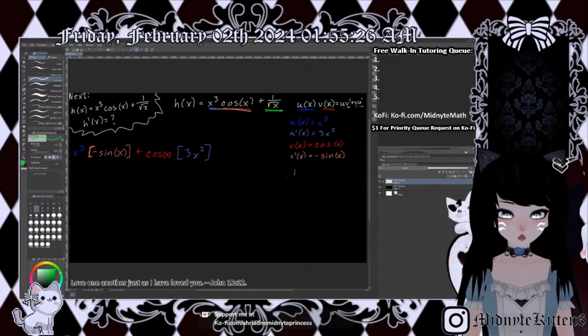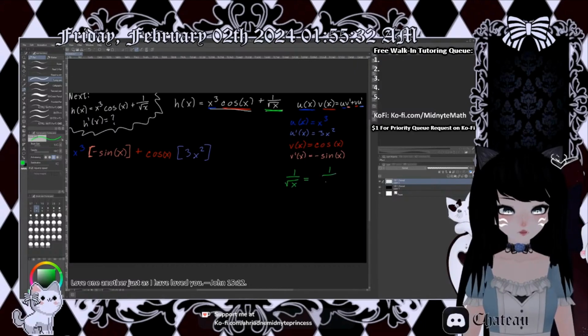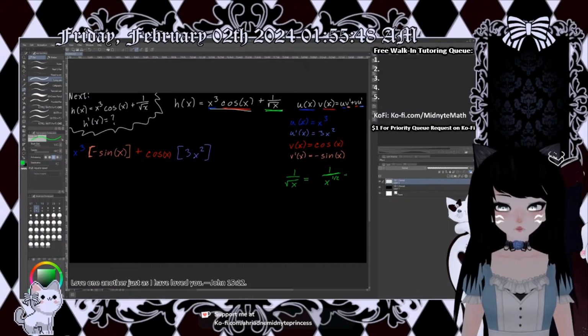So 1 over the square root of x is equal to 1 over x to the 1/2. And because it's in the denominator of the fraction, when we move it up, it becomes a negative. So that is x to the negative 1/2.